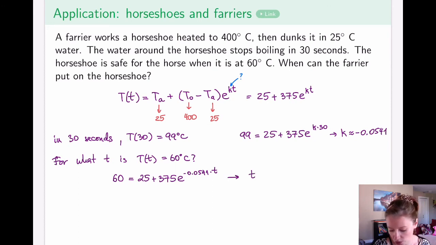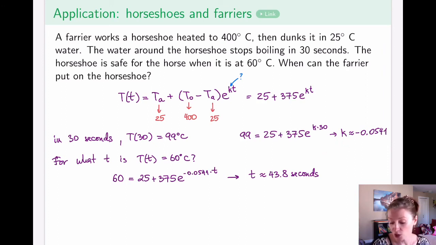I'm also going to skip the steps here, and t will work out to be approximately 43.8. This is time. Be careful in units, it says seconds here, so our time all along was in seconds. So the horseshoe will cool down to 60 degrees Celsius, and therefore be able to be put on the horse, in 43.8 seconds.